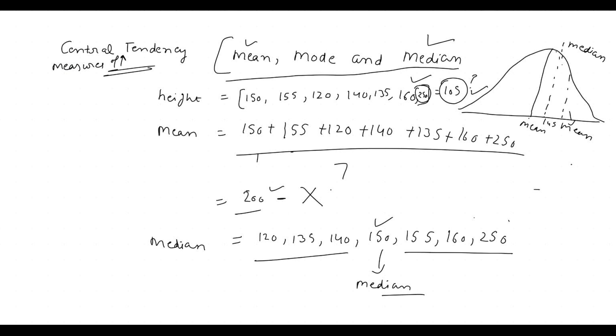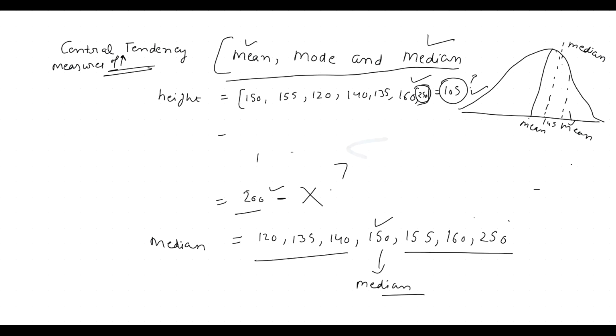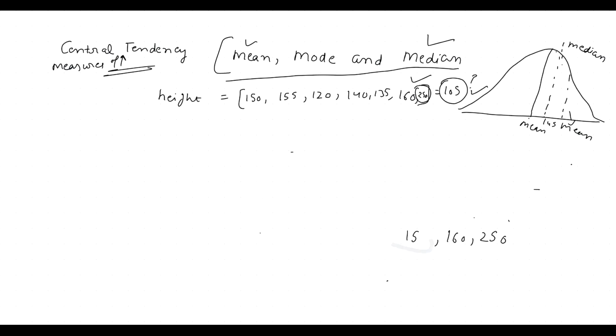Now your third term is mode. Mode is also a very common central tendency measurement you use for descriptive data. Okay. Now we will remove this one. If I add one more number to this, let's say 150.